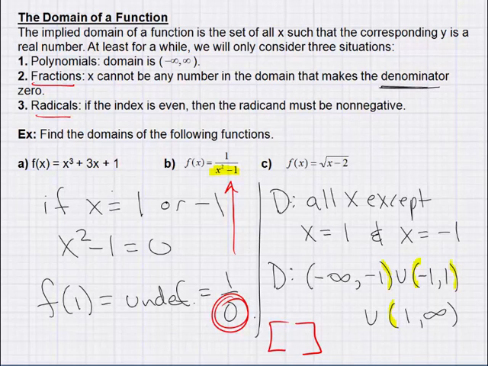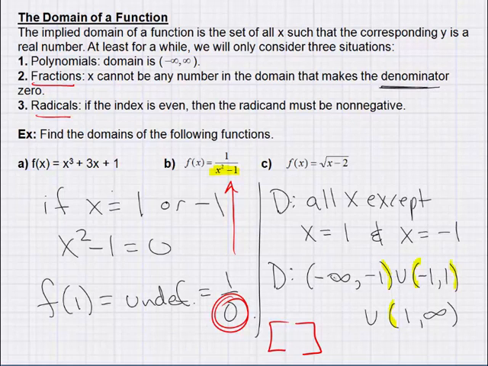Now, I put parentheses around the infinities because you can never include infinity in anything. Infinity is like a moving target. Once you think you got to infinity, just keep going because you didn't get there. You can never get to infinity, and therefore if you can never get to infinity because it's constantly moving, it can never be included.